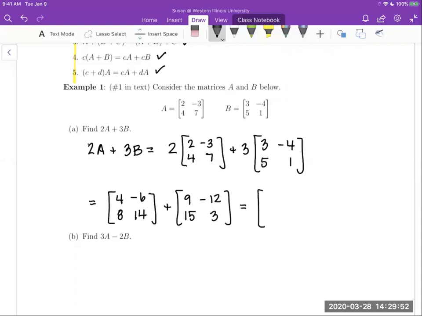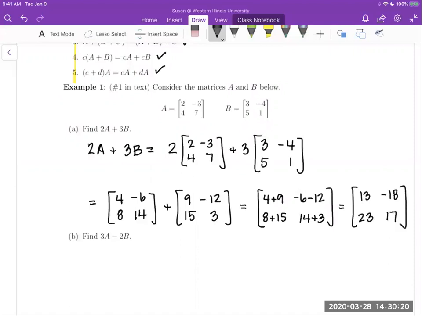So for the row 1, column 1 entry, it's 4 plus 9. For the row 1, column 2 entry, it's negative 6 minus 12, and so on and so forth. I do not expect you to show this step. I'm just doing it for illustrative purposes so that everybody is following along. So we get 13, negative 18, 23, and 17. So that matrix there is our final answer for the sum of 2A and 3B.